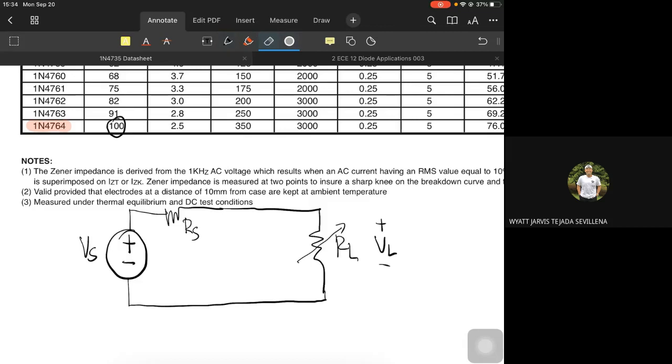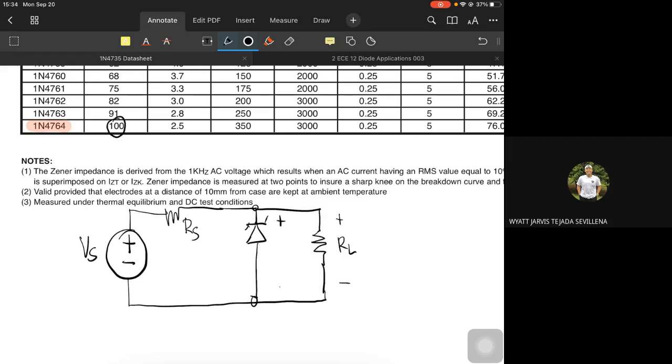So what if our load changes, so its resistance varies? The effect is that the load voltage varies. What if we don't want that? We want it fixed. Whatever the value of the load RL, we want a constant voltage drop across the load, so we should apply a Zener diode in parallel with the load.